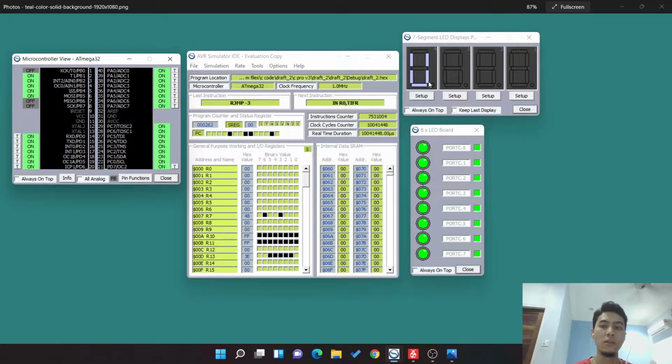is 0. The subtraction will also be 0 because 0 minus 0 is 0. So here, 0. The multiplication, MUL, will also become 0 because our first number and second number use port A and both numbers are 0.